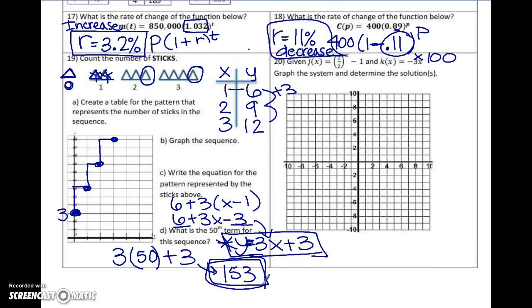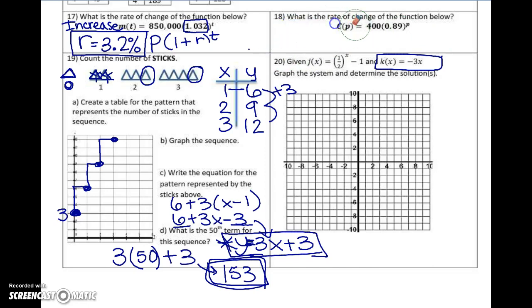Given j of x and k of x, graph the system. So we know how to graph linear without making a table or doing a whole lot of work for that. So I'm going to start by doing that.